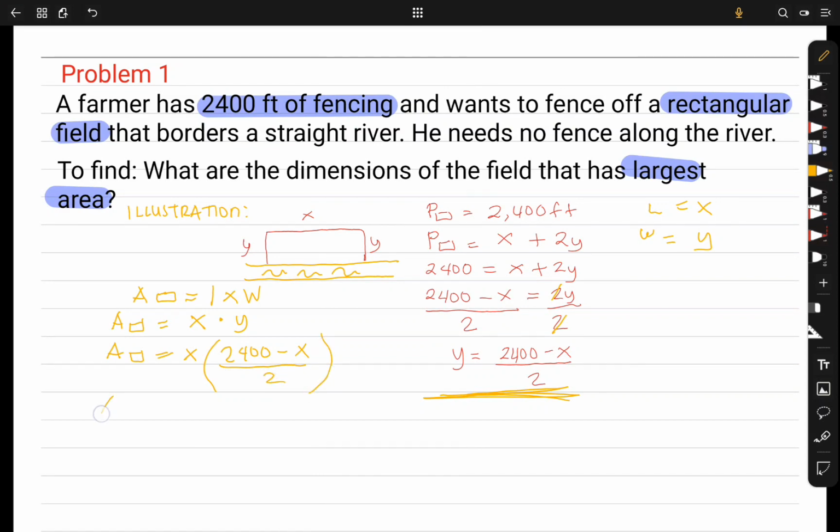So, simplify muna natin yan. So, we have 2,400 x. Minus tayo ng x squared all over 2 tayo.